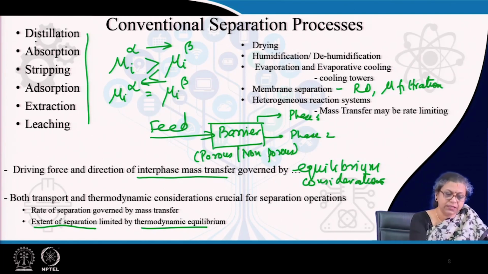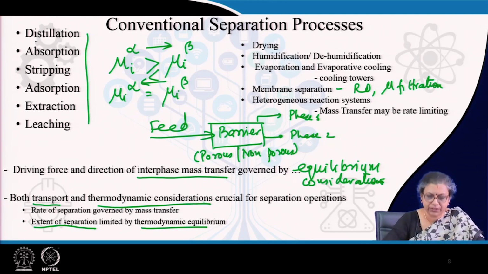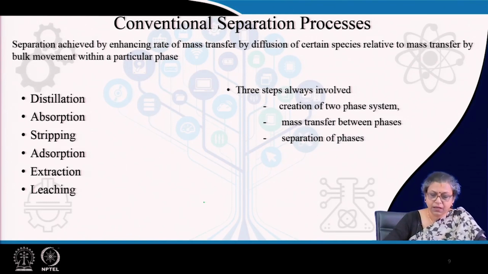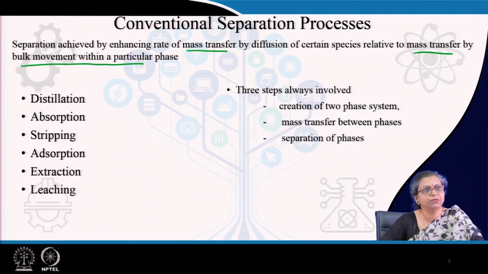So, for the design of these particular separation processes which I have listed up here, we need to consider both transport as well as thermodynamic considerations. All these separations are achieved because certain components undergo interphase mass transfer, and this rate of mass transfer is faster compared to the mass transfer which occurs due to bulk movement within a particular phase.